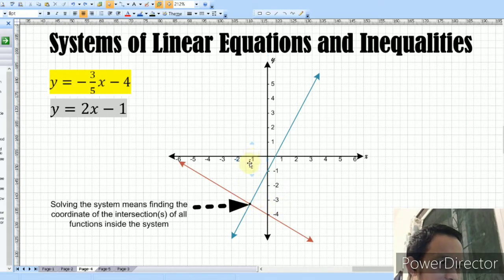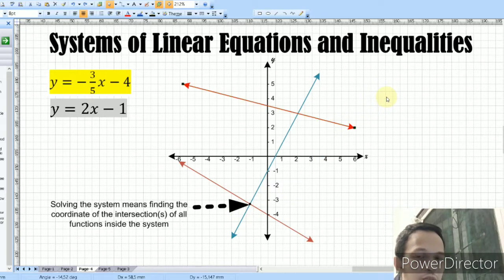It's not -1 for x, it's not -3 for y; it must be a fraction or decimal. Therefore, to find the accurate value of this coordinate, we cannot use the graph. If it's obvious on the graph, you can directly show the solution of the system. But here, we need to find it with calculation, in mathematical language.